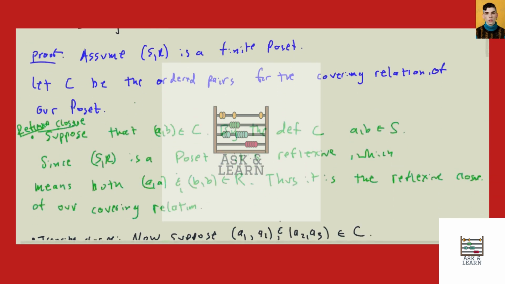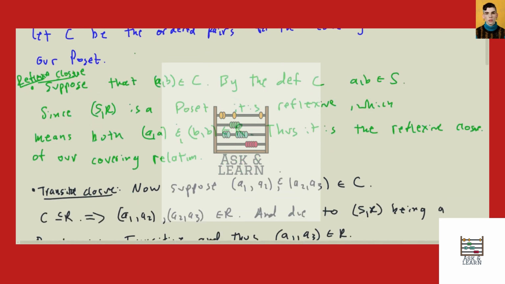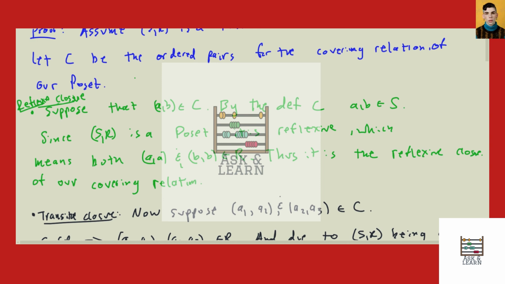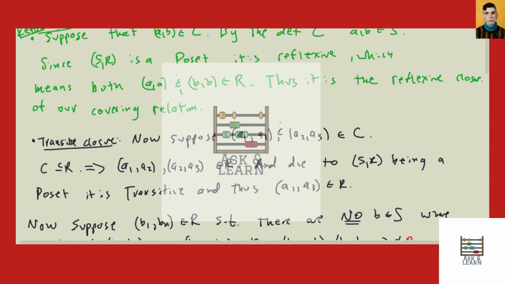So the first thing we did was tell everyone that this is a finite poset, and then we defined C to be all the ordered pairs for our covering relation of this poset. The first thing we wanted to show was that this was the reflexive closure of it. So we chose some arbitrary element in the set of ordered pairs for the covering relation C, said everything was in C, showed by that it had to be reflexive, so it was the closure there.